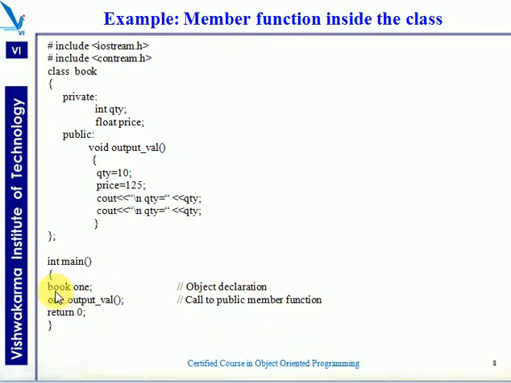Book is the class name and b1 is the object name, and on the second line we have called the public member function through the object b1. So when we define member function inside the class, that is called an inline function.